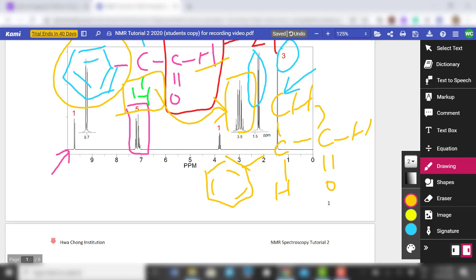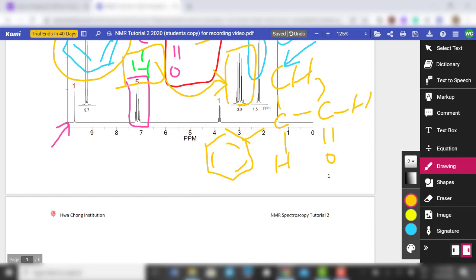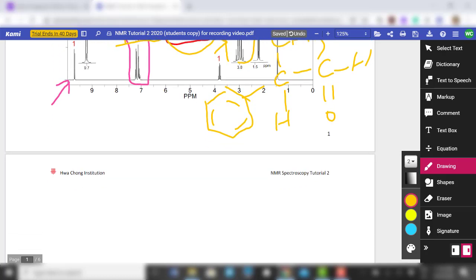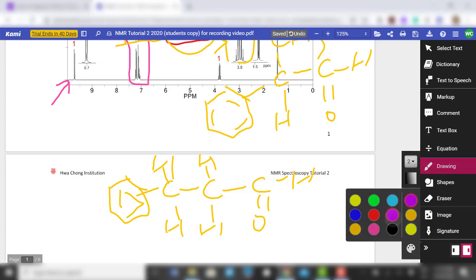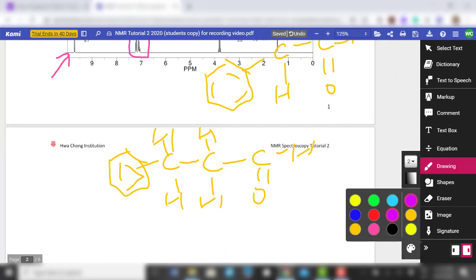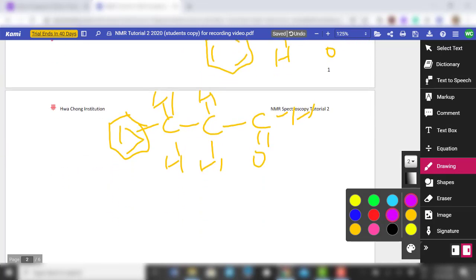Then of course some of you might be wondering, hey, can I have a structure that looks maybe like this? Let's say you draw it and you get something like this. This is definitely unlikely, because in your 1H NMR the peak is not reflected.